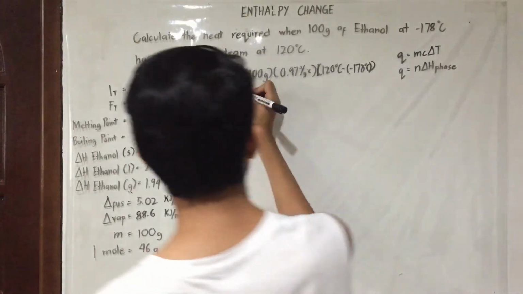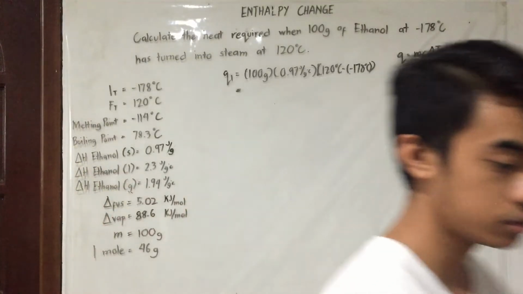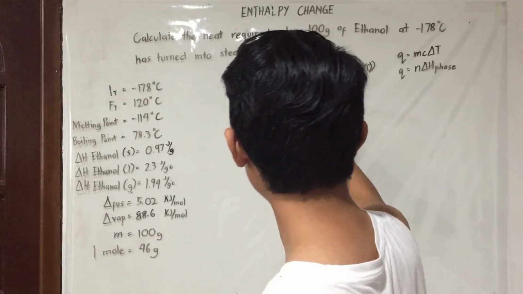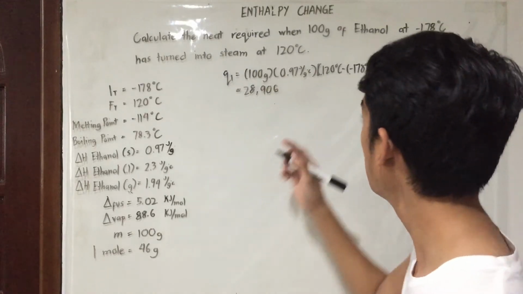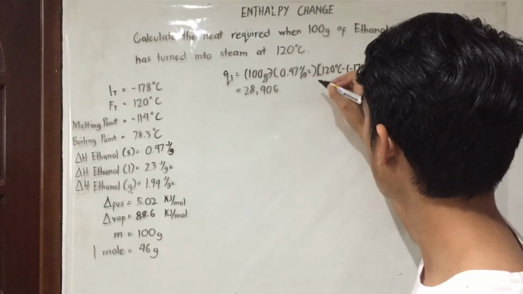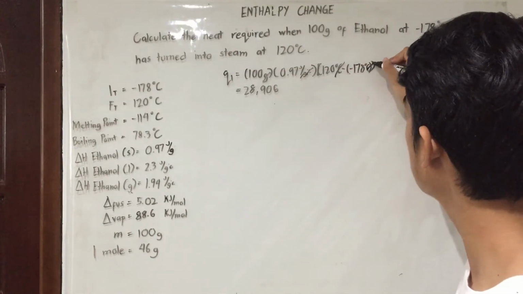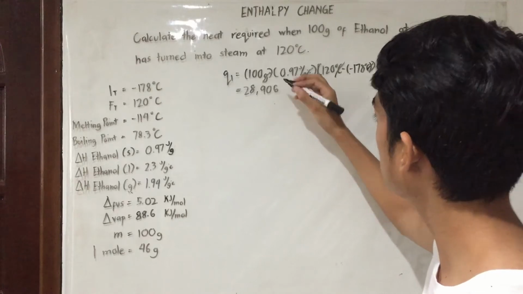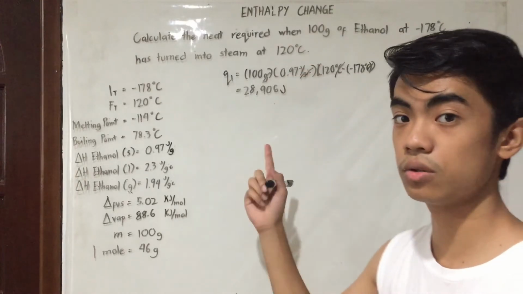Now what unit are we going to use? We're going to use joules because mass grams are going to cancel, and Celsius. The only thing that's left is joules. So that's the unit that we're going to use.